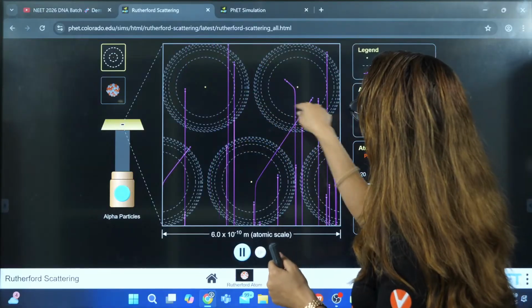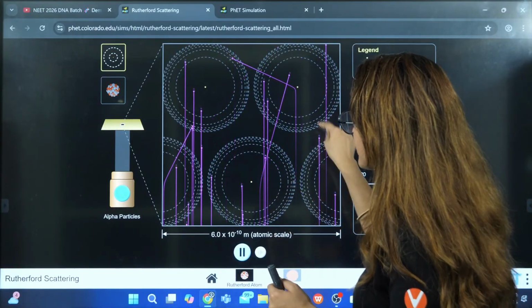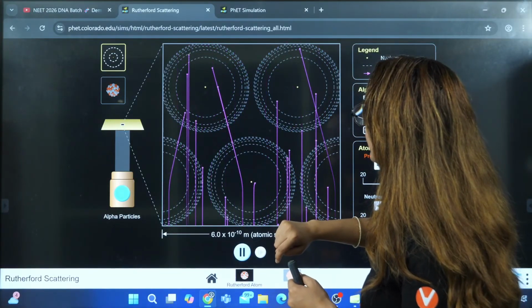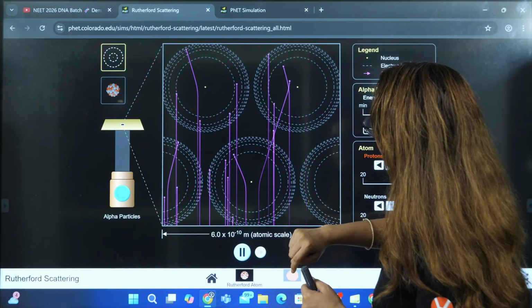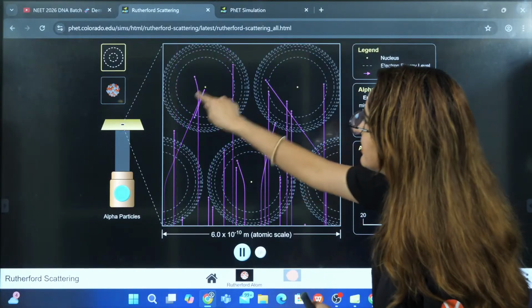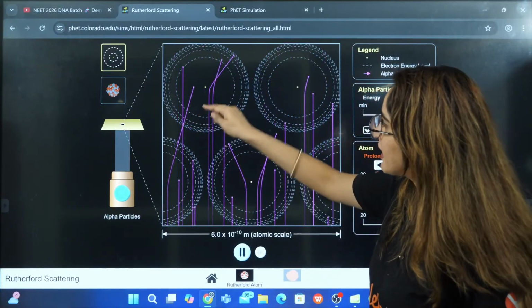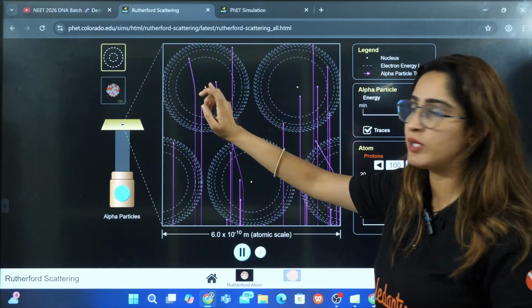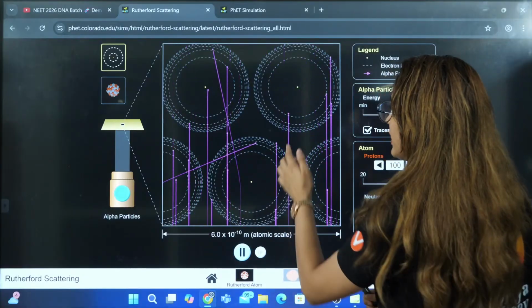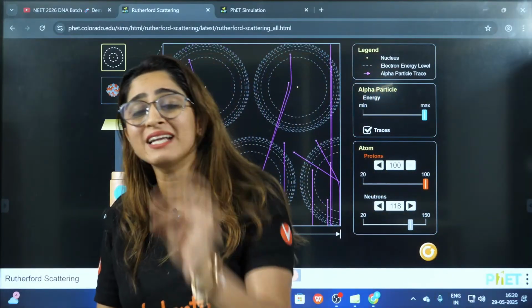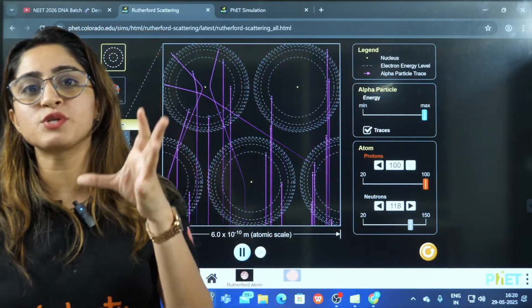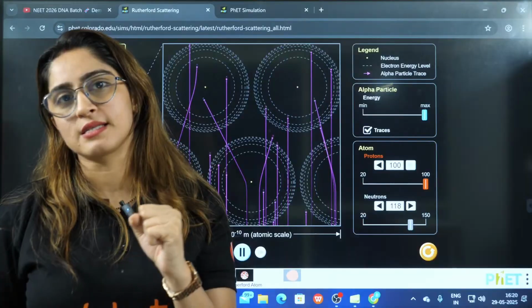This got bounced back, right? Now this is deflecting, this is deflecting. Let us see which is bouncing back. This got bounced back because it directly hit the nucleus. So only those alpha particles which hit the nucleus will bounce back.